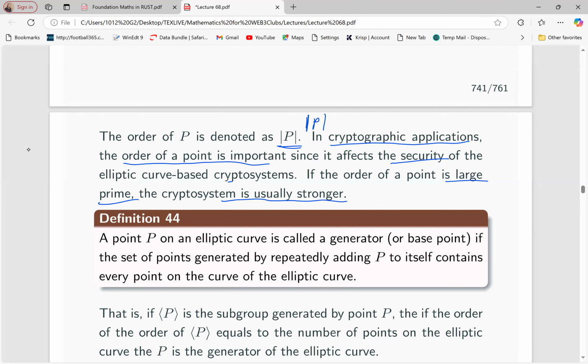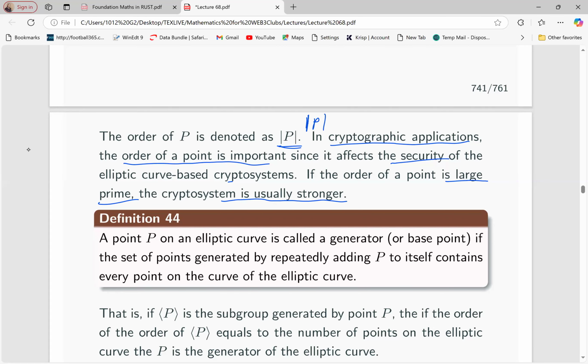You see, we will be using these points as either the encryption key or decryption key. So they become secret key and public key, these points.